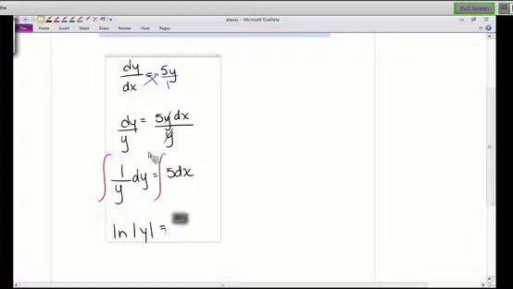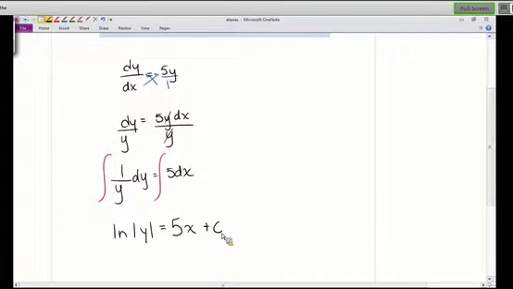It is equal to, when you take the integral of a constant, in this case 5, you just include the variable that you're integrating. On the right side, we're integrating in terms of x, so 5x plus our constant c. Any questions so far?